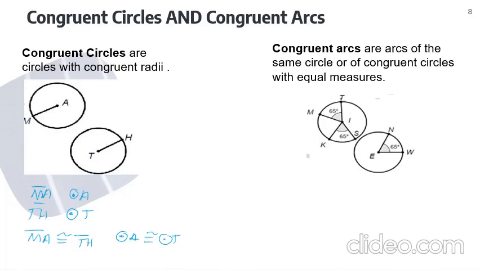Next, congruent arcs are arcs of the same circle or of congruent circles with equal measures. For example, in circle I, arc TM is congruent to arc KS.